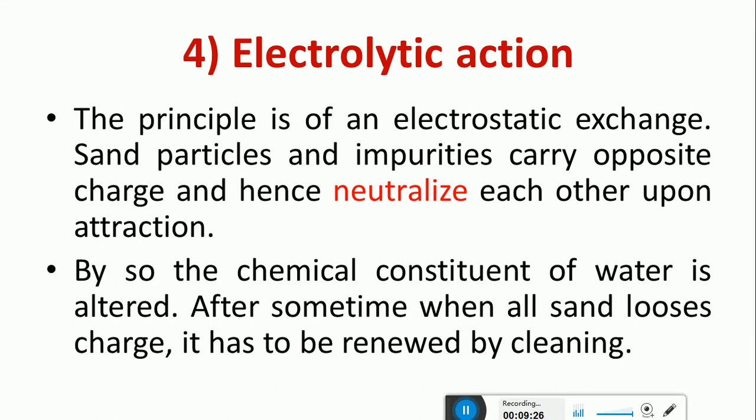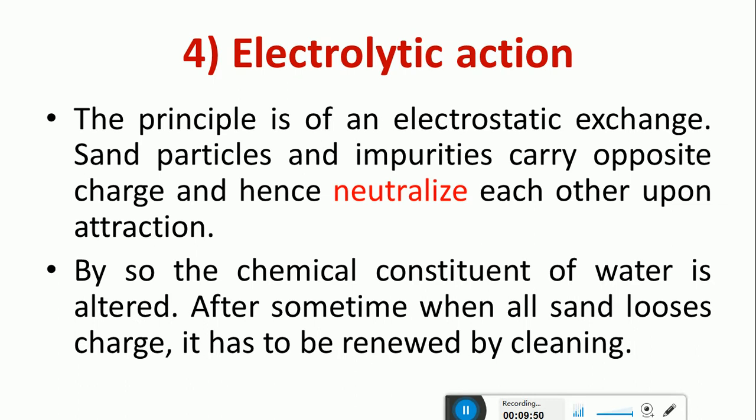Electrolytic action means that, due to the opposite positive and negative charges carried by the sand particles and also the impurities present in the water, they tend to neutralize and are removed because of the attractive forces between the positively and negatively charged ions.